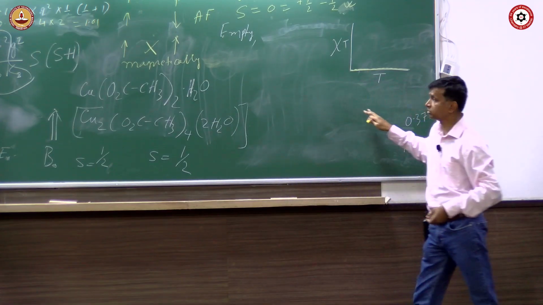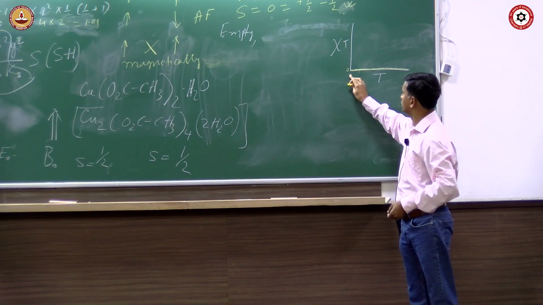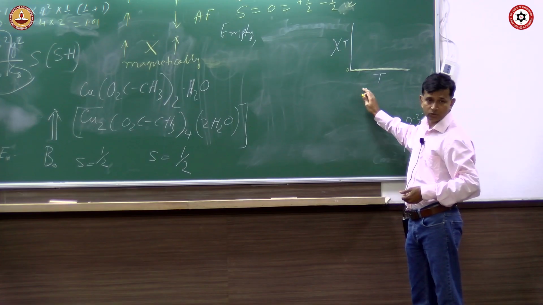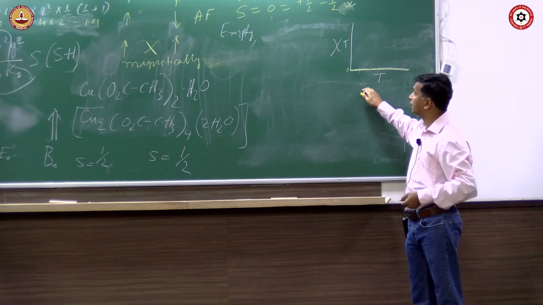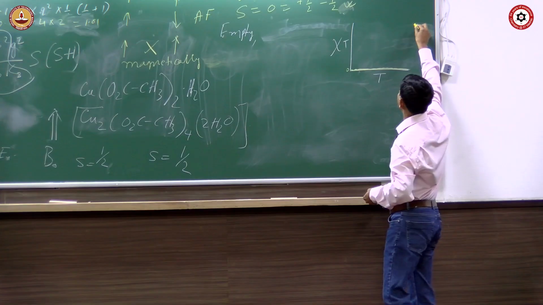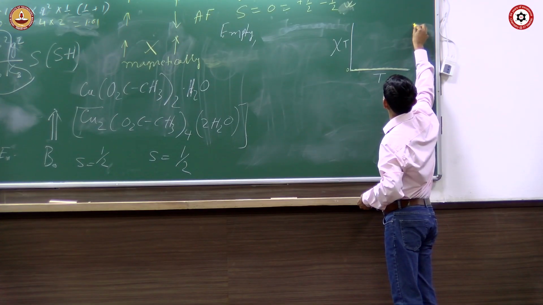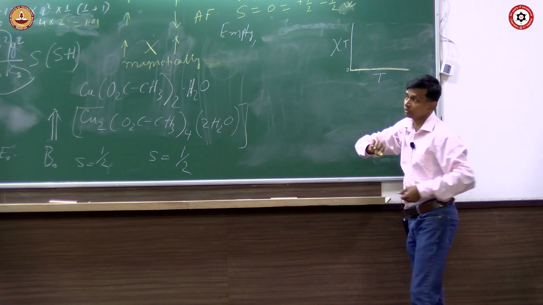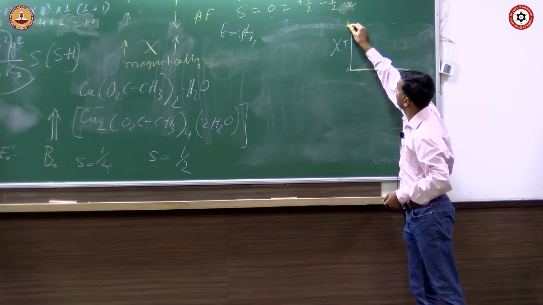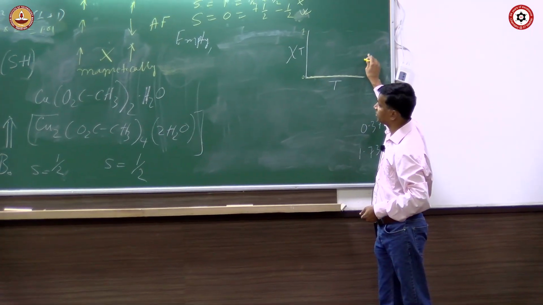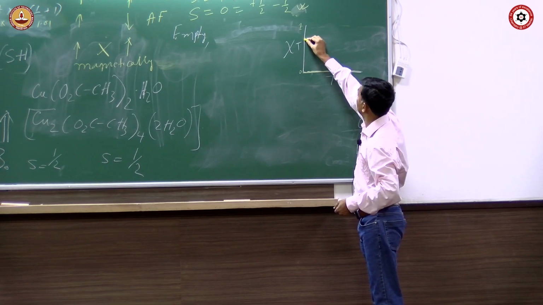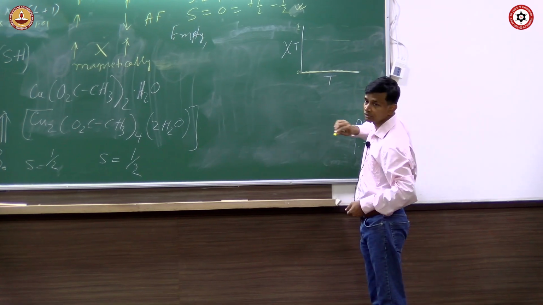Suppose here is the 0 and we get it here. And if both spins are up, my chi-T product should be somewhere here, suppose this is value equal to 1, and if they are isolated I am supposed to get somewhere here.